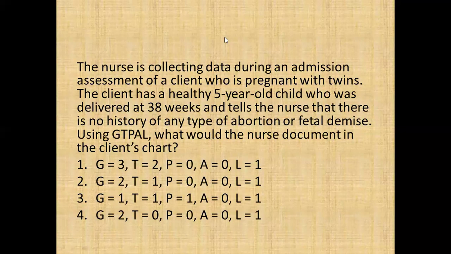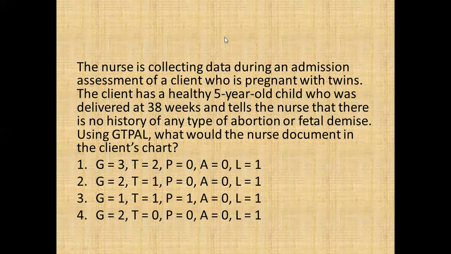So we said that we use the GTPAL acronym to give a summary of a client's obstetric history. I initially gave you the meaning of the terms gravidity and parity.